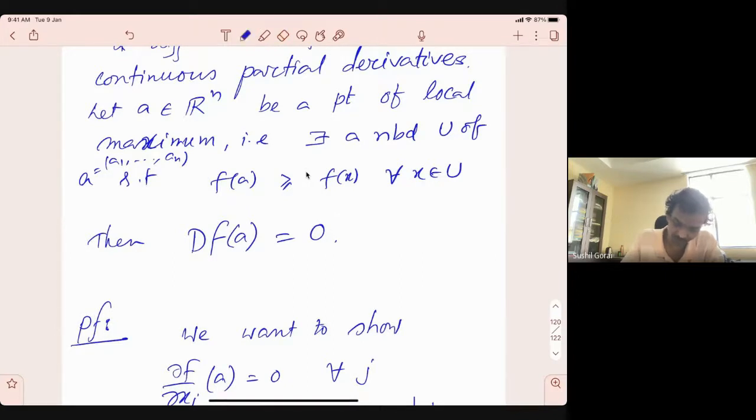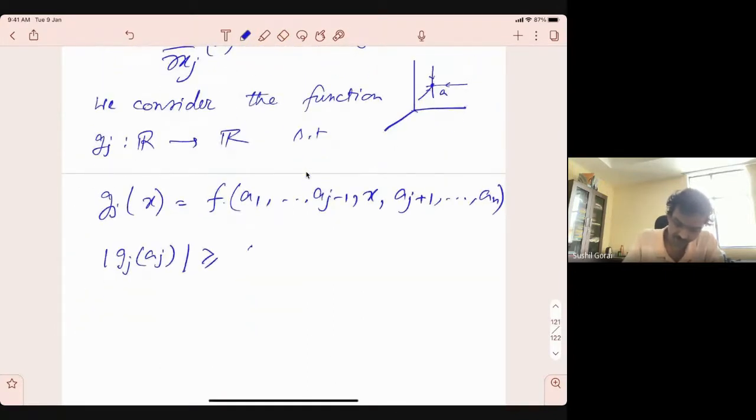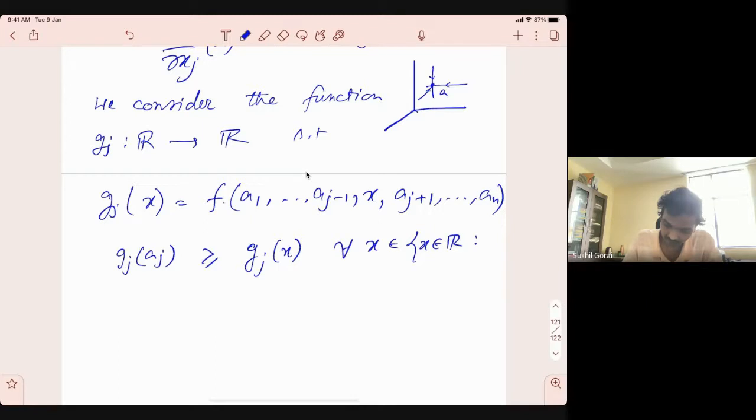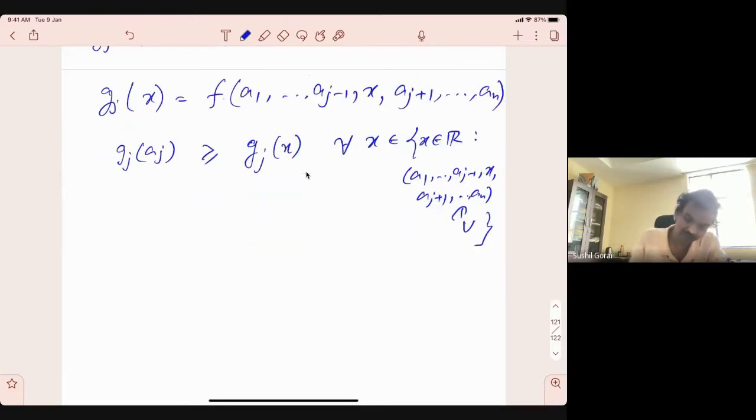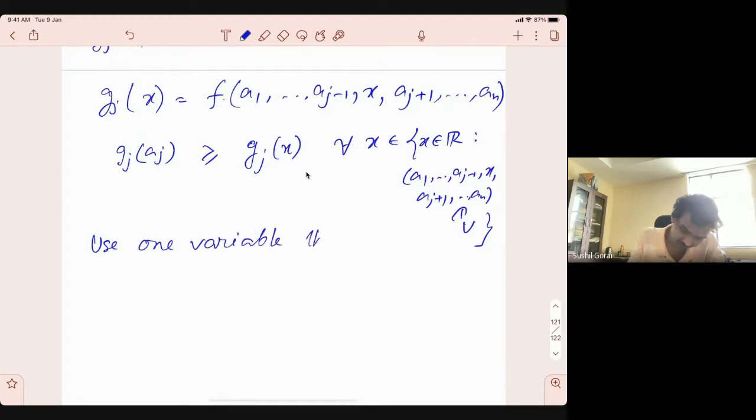It goes to R. g_j of x for all x in U intersection the projection, the set of x in R such that a1, a2, up to a_{j-1}, x, a_{j+1}, up to an is in U. Right? Now use the one variable theorem.